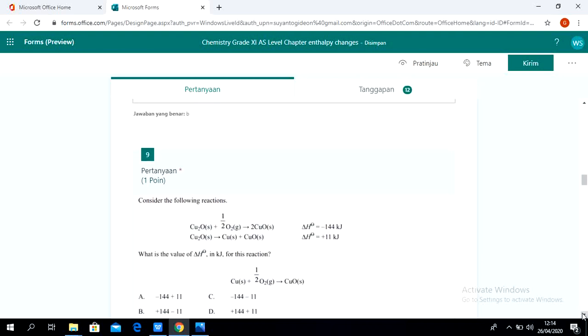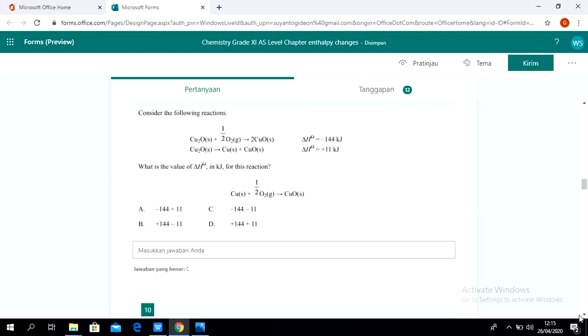Next, consider the following reactions. Copper 1 oxide reacts with oxygen to form copper 2 oxide, and then copper 1 oxide decomposes to become copper and copper 2 oxide. Here we have to find the enthalpy change of this reaction.